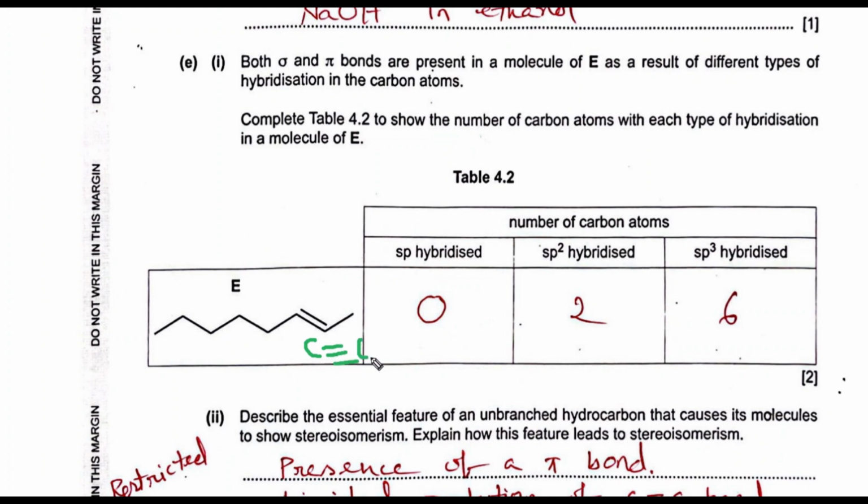And sp2 hybridization occurs at a carbon-carbon double bond. So there are two carbons here, 1, 2, that's why the answer is 2. And sp3 hybridization occurs at carbon-carbon single bonds. So how many? 1, 2, 3, 4, 5, 6. So the answer is 6.